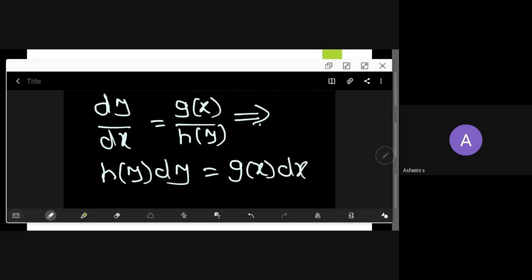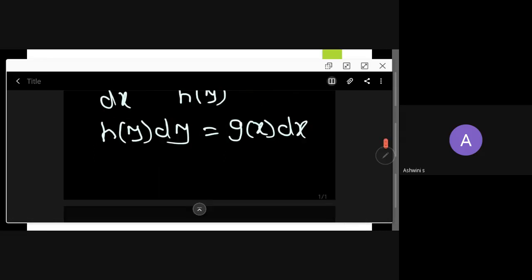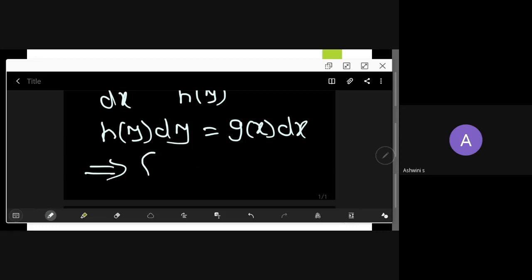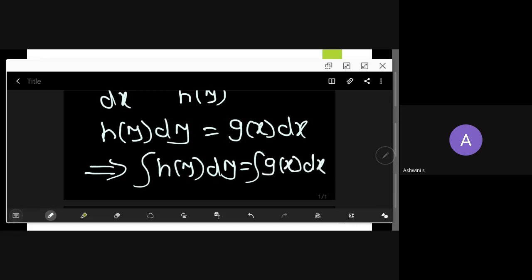Thereupon we can integrate both sides. So here you have the integral of h(y) dy equal to the integral of g(x) dx. The left hand side is free from instances of x, and the right hand side is free from instances of y.